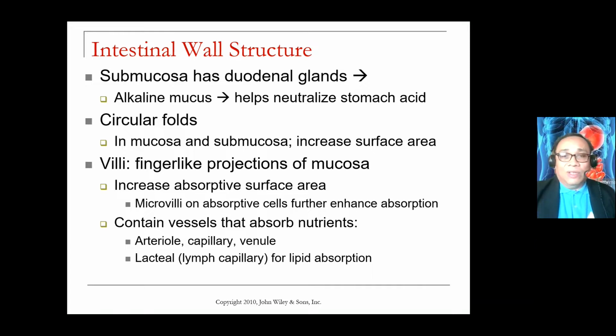Villi, which are finger-like projections similar to the rugae, also increase the surface absorption area. They contain vessels that absorb nutrients, because this is where absorption takes place: arterioles, capillaries, venules, and even lacteals, which are lymph capillaries for lipid absorption.